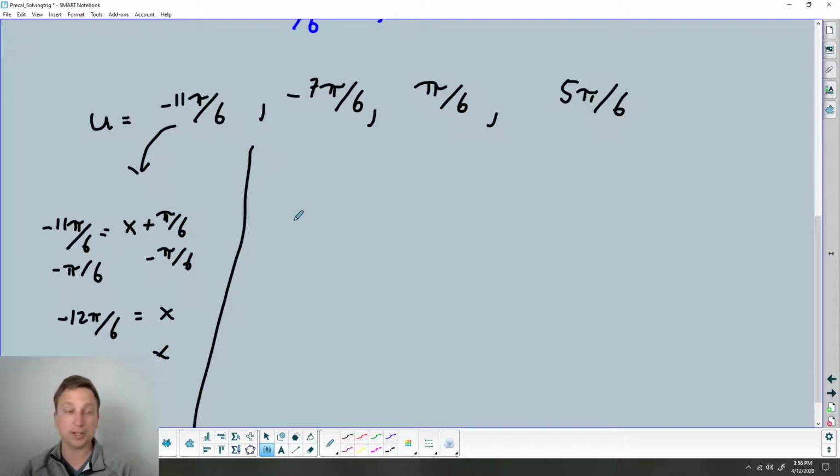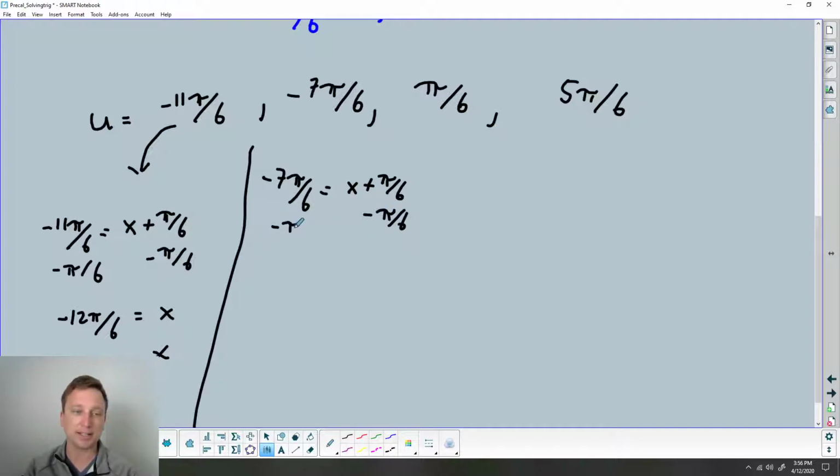Now we just go through and do this same process three more times. Our u value, negative 7 pi sixths, is equal to the x value we want plus pi sixths. So subtract pi sixths, and we have negative 8 pi sixths as our x value, or negative 4 pi over 3.